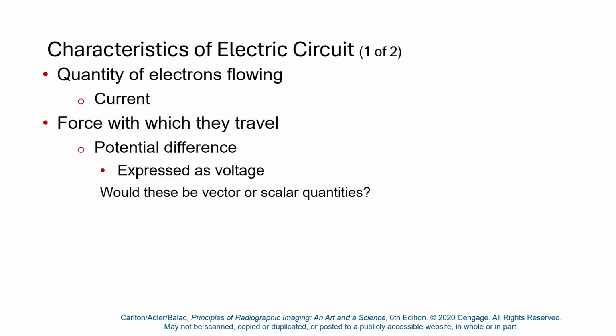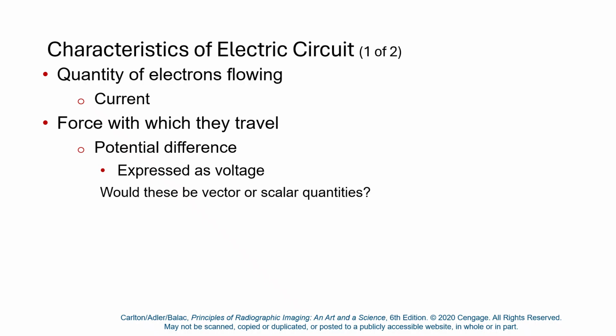It's the sum of all forces pushing and pulling on the electrons, okay? And so I've already given away the answer to this question for current, but if voltage is electromotive force, which it totally is, is that a vector or a scalar? And you should know the answer if it's a force. Yeah, it's a push or pull, so that doesn't really make sense without a direction. And so both of these are vector quantities.